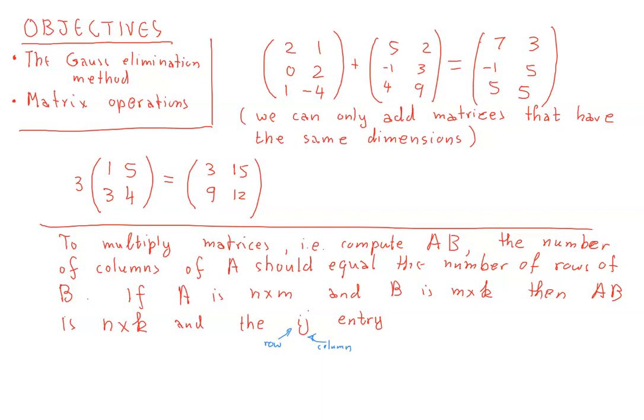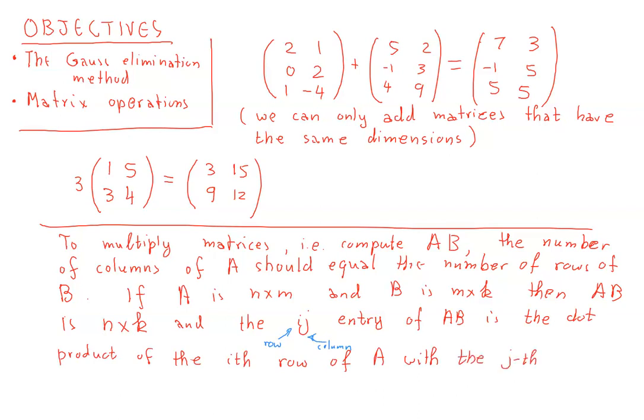The ij entry of AB is the dot product of the ith row of A with the jth column of B. And of course, when I say dot product, I mean you multiply the corresponding numbers and add up those products. We're going to see examples in a second.